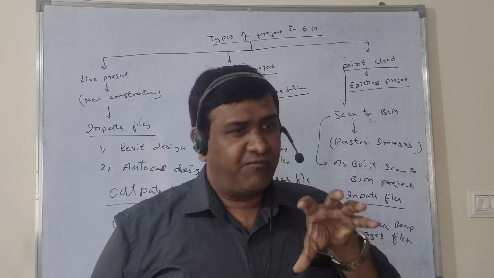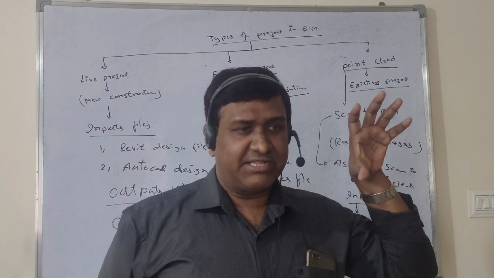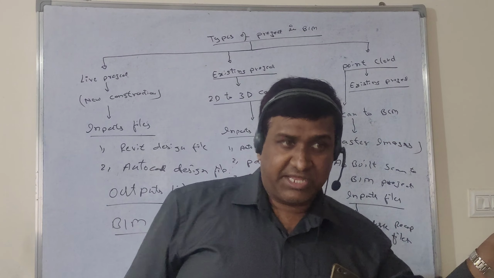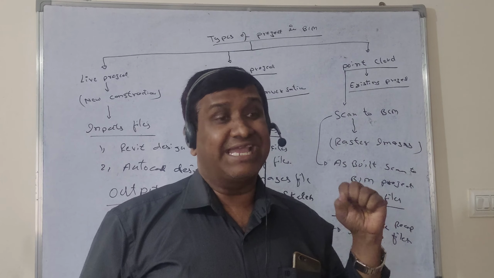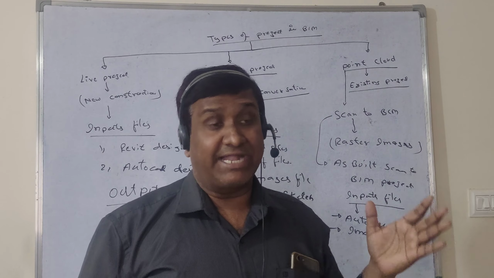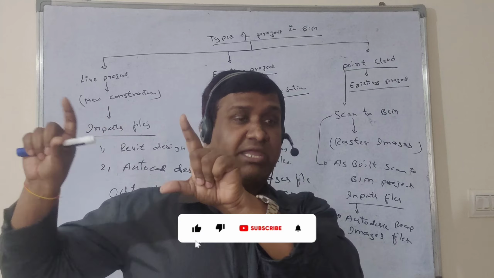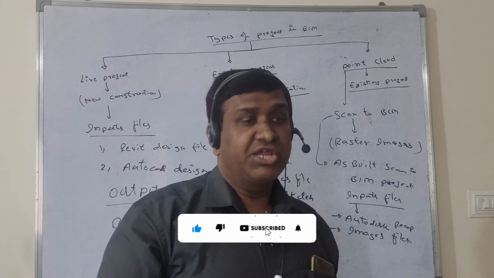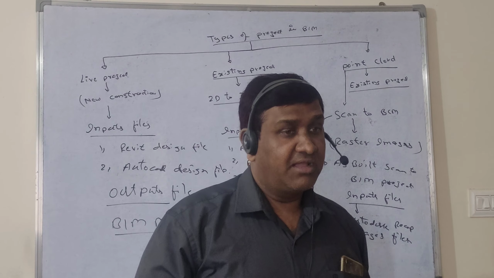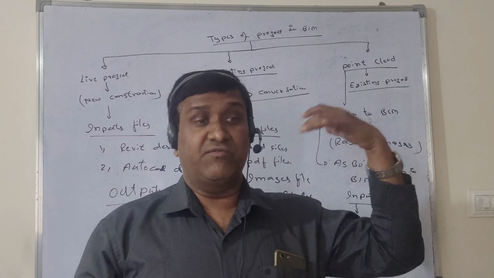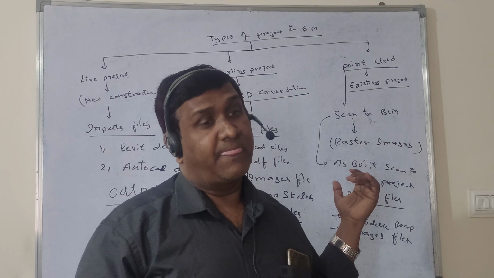If you are not able to see the images properly in Autodesk Recap, and you have to create a model but the images are not clear or visible properly, then they will take a pic and share it with you. By seeing that pic, you can create the model. So that is also one type of information you will get in point cloud.